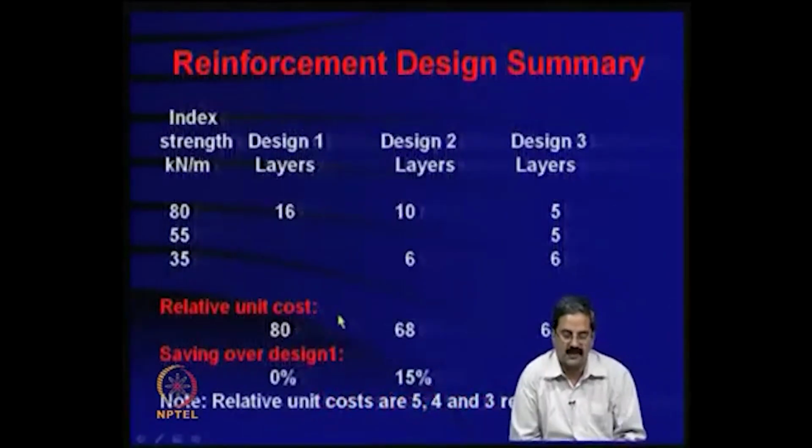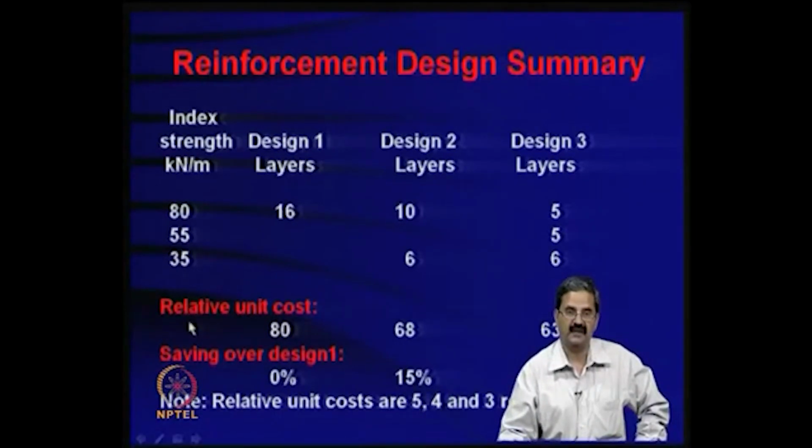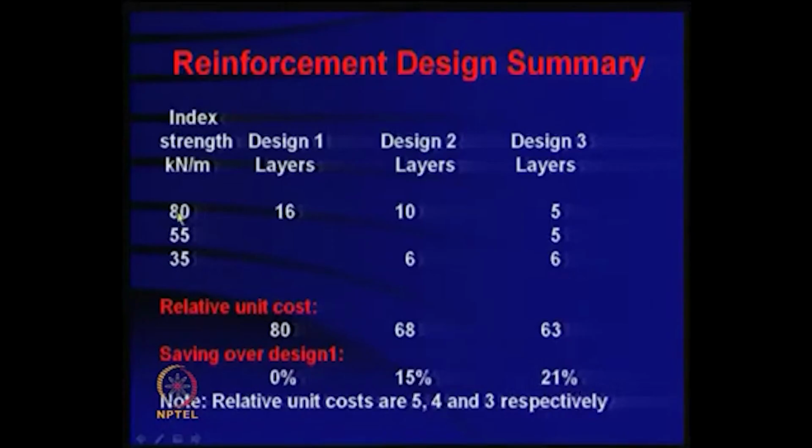What you got in the process was that you had 3 materials, like 80 kilonewtons, 55 and 35, and assume relative unit costs of maybe 5, 4, 3. Say in Indian currency this could be 500 rupees, this could be 400 rupees, this 300 rupees.